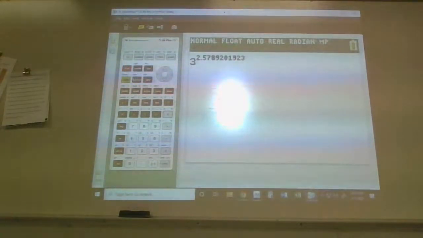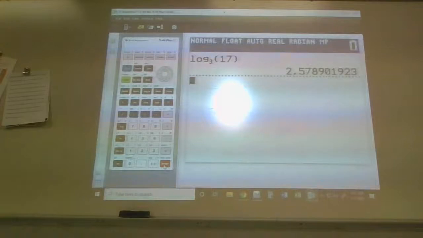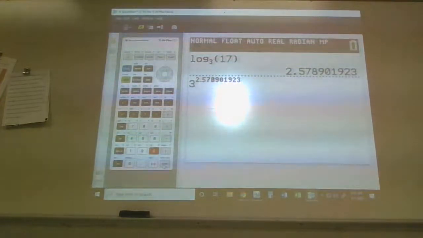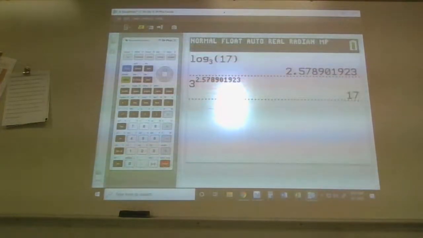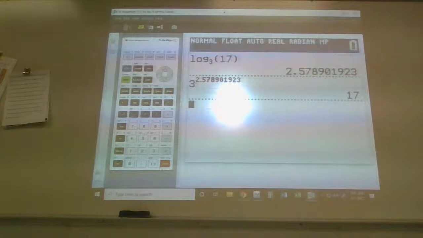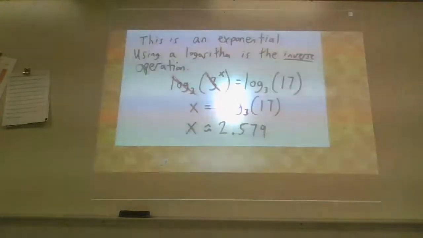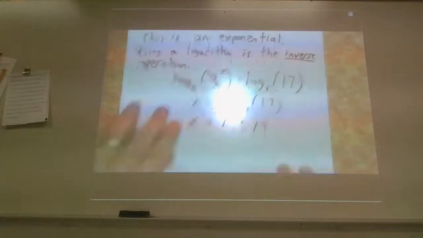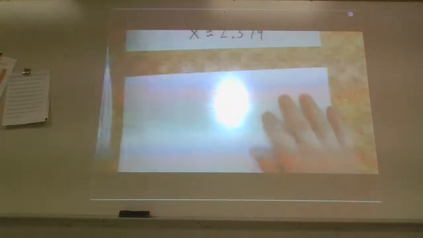I should have gotten something a bit closer. 3 to the power of 2.578901923. There we go. Nailed it. Heck yeah. Now that decimal does go on forever, and that is an approximation, but that is what a logarithm does. So, a few ways to calculate a logarithm.